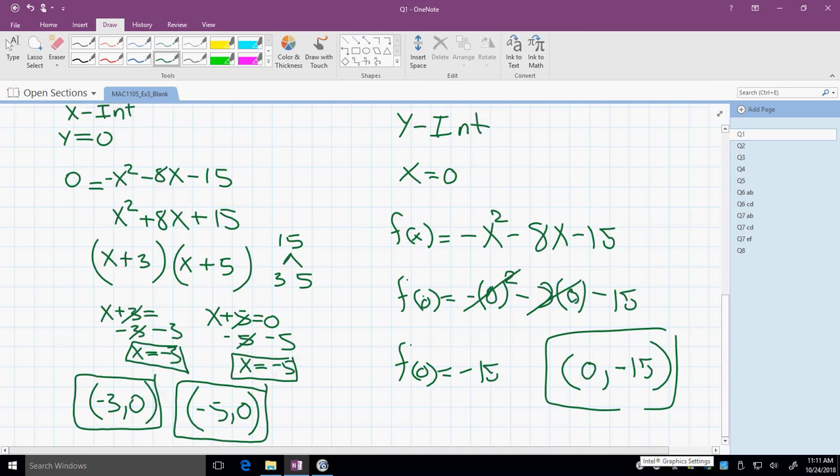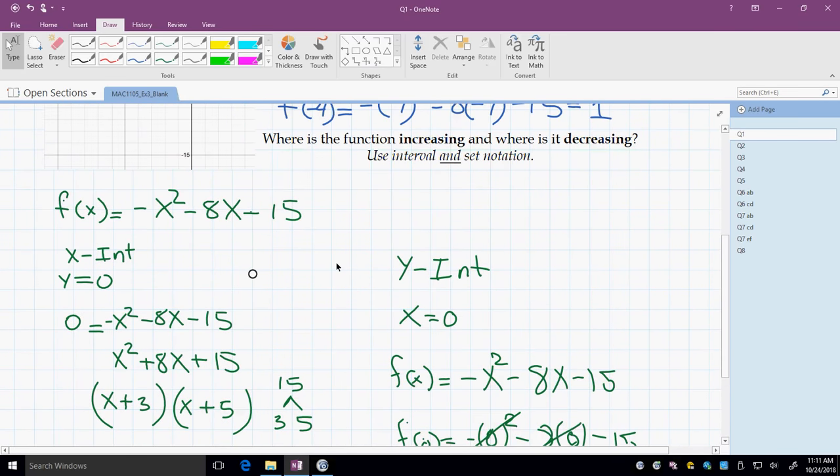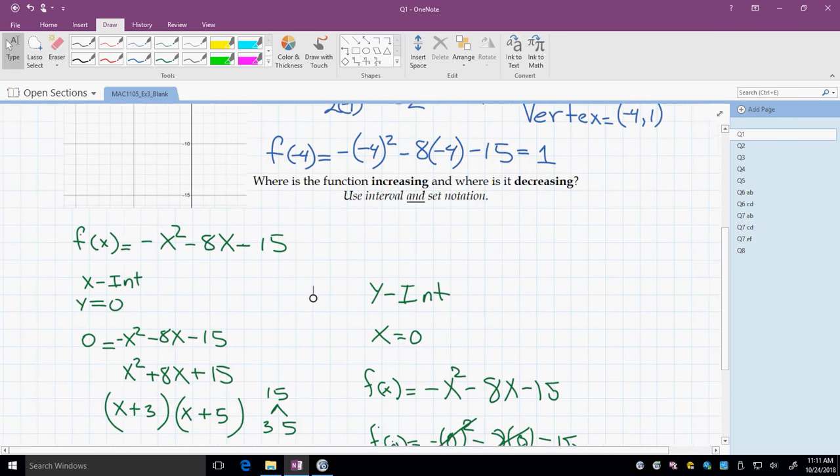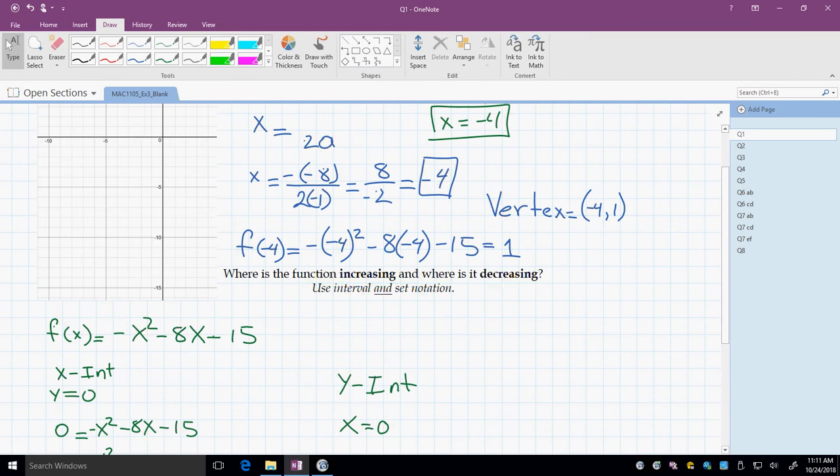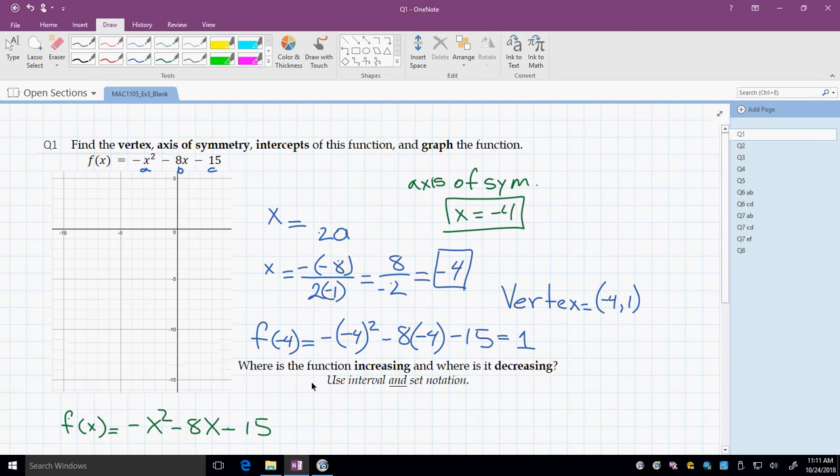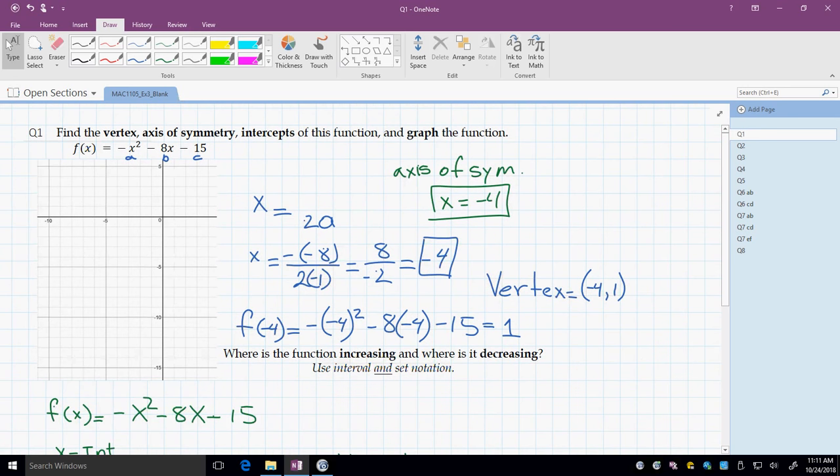Okay, now we're going to graph. So we know our y-intercept is right here at -15.